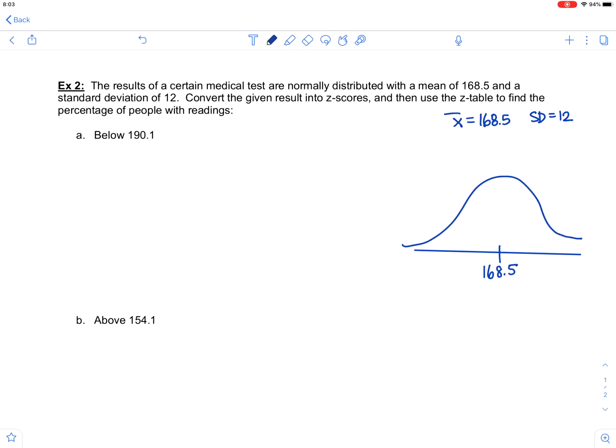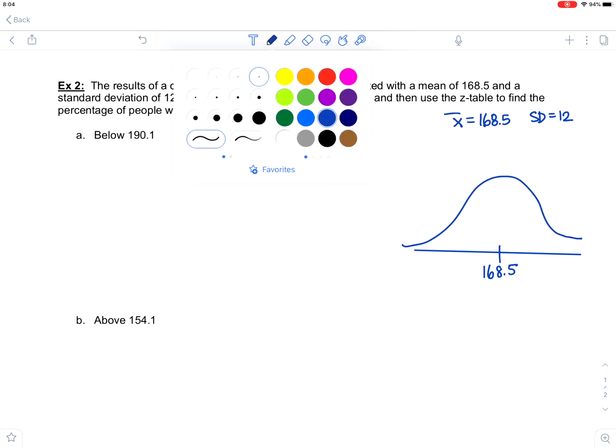Notice we aren't using the 68, 95, 99.7 rule here. We are given these scores that aren't necessarily 1, 2, or 3 standard deviations above or below the mean. They might be in between those values. So in part A, we're asked to find the percentage of people with readings below 190.1.